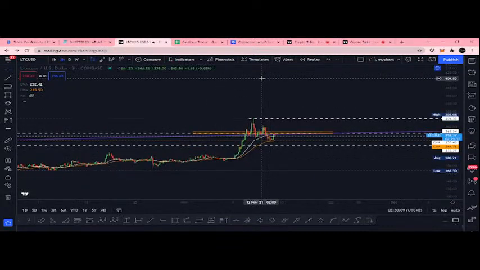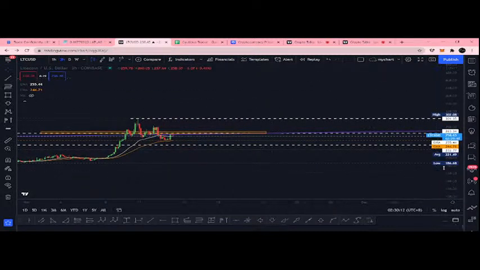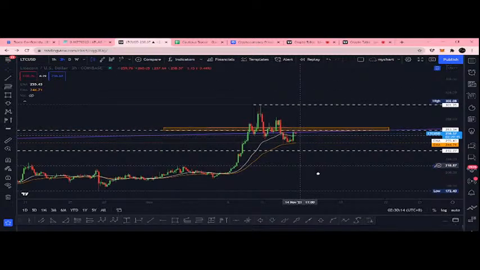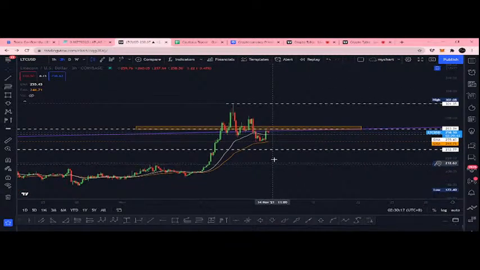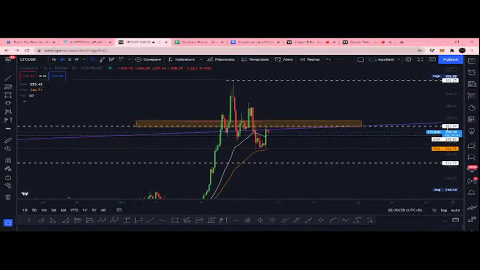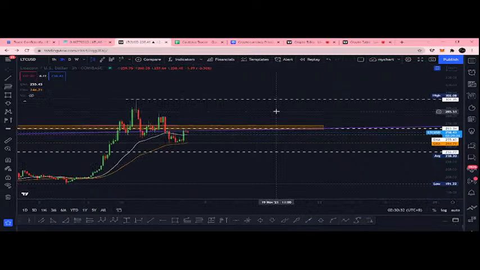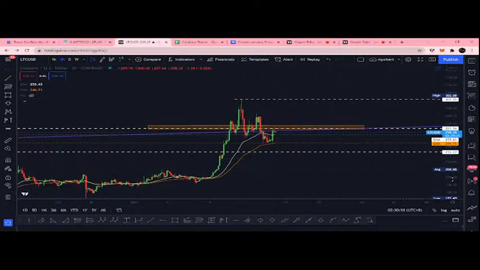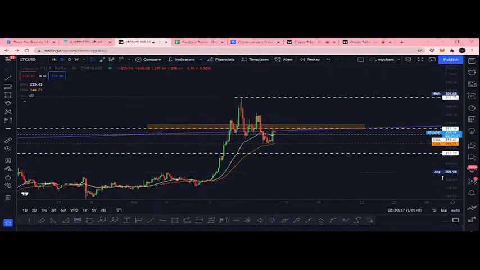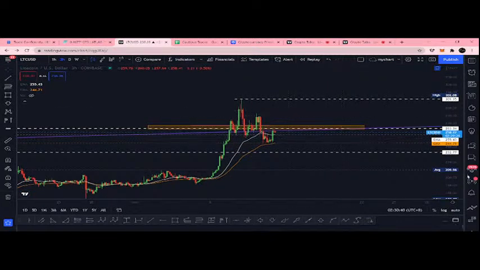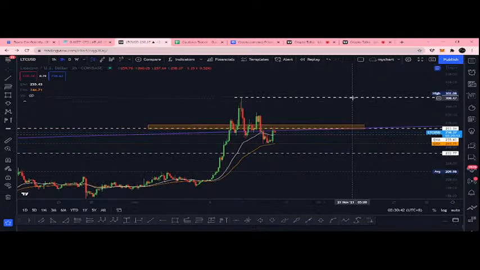Let's try to look at 3 hours. The 3 hours seems like it's holding at EMA 30. So possibly it might retest the 264 or break the 264 to $300. So yeah, tingin ko. But I'll just check on it tomorrow na lang. Hindi na ako mag-trade kasi nakakota na ako for today.